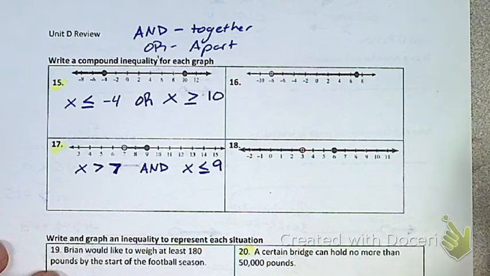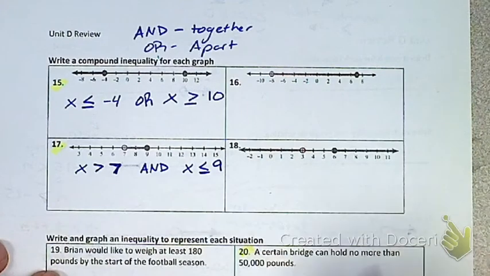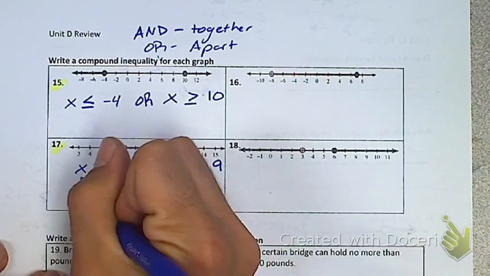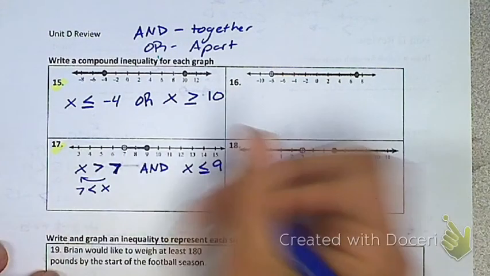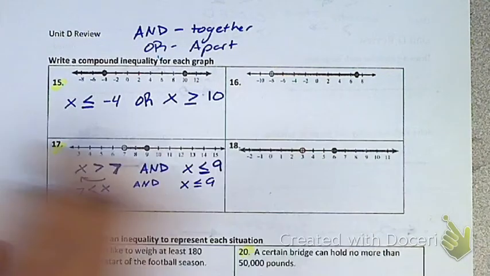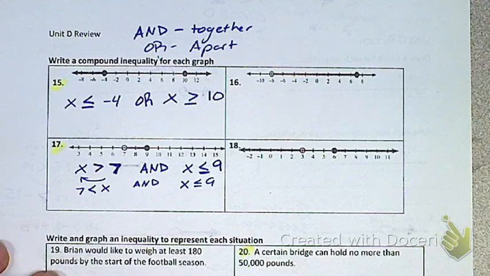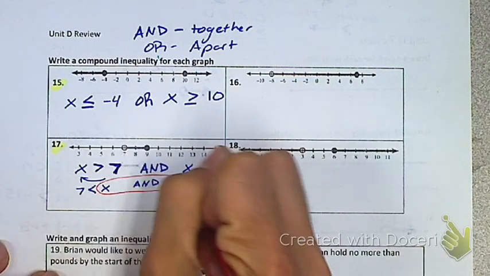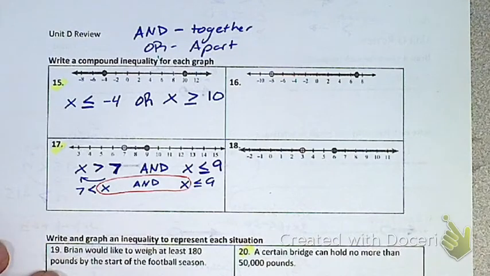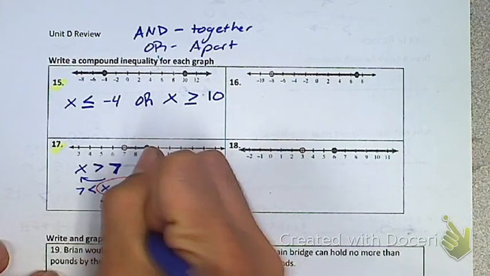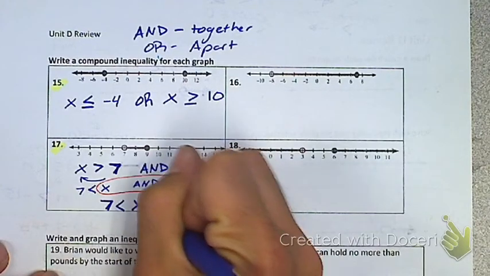So now to write it like a compound, this is okay, or we can write it as a compound, meaning we want to flip this to put this x in the middle. So it's 7 less than x. This x is already in the middle. So what I'm going to do is combine these two x's together and just make one x. So it's 7 is less than x, which is less than or equal to 9.